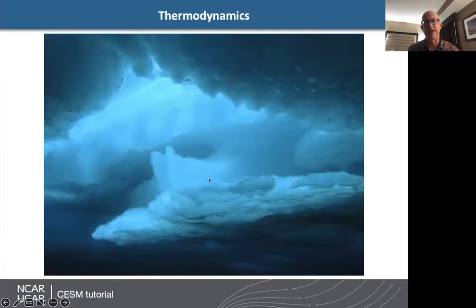So now thermodynamics. So this picture is great. I had originally found this on the web somewhere, but you can see here this really thick ice over here in the upper right part of the picture where it's really dark underneath. So there's very little light that's penetrating through this ice. And yet in other areas, you can see it's a lot brighter, a lot lighter blue.